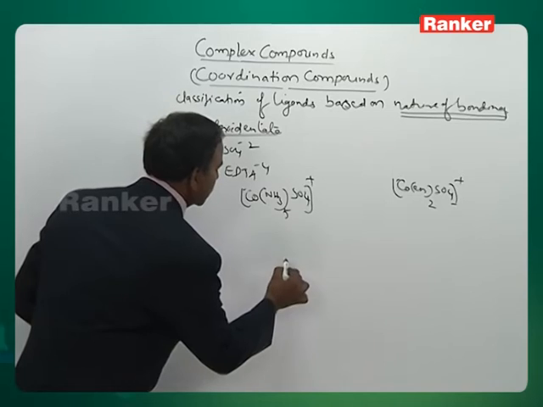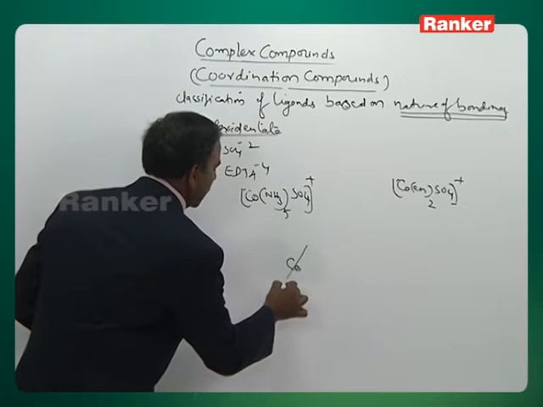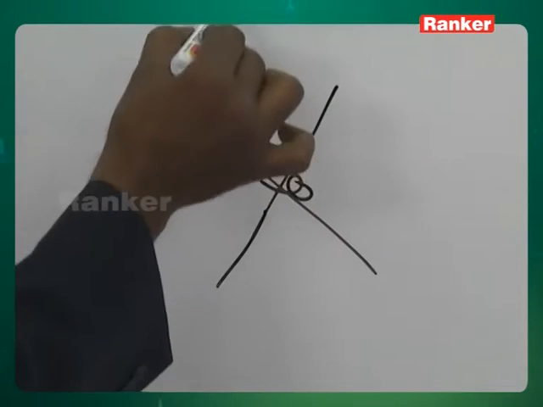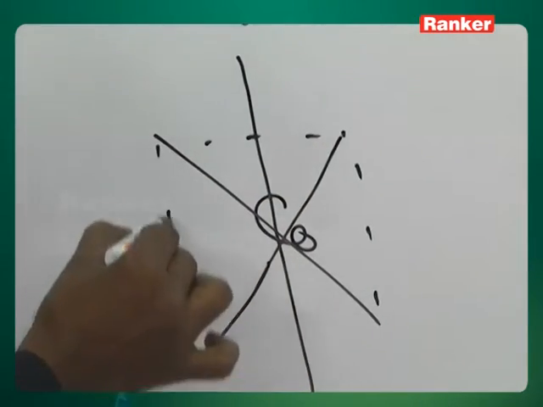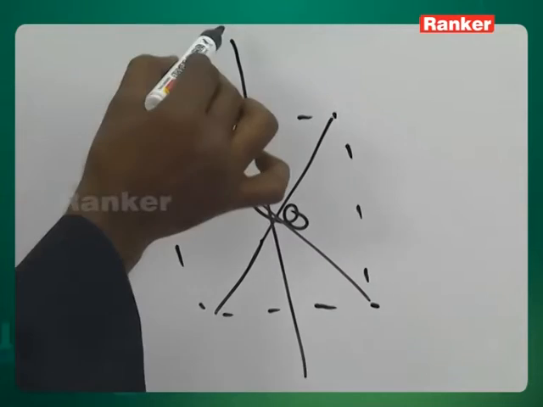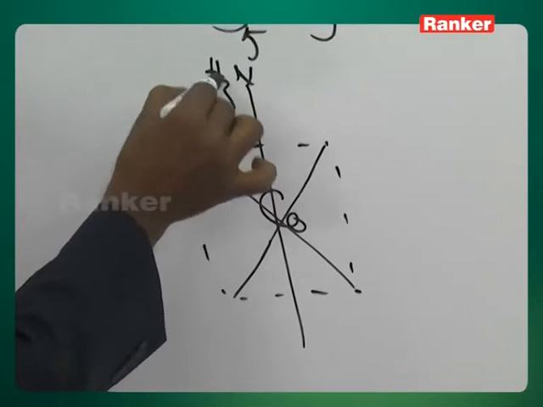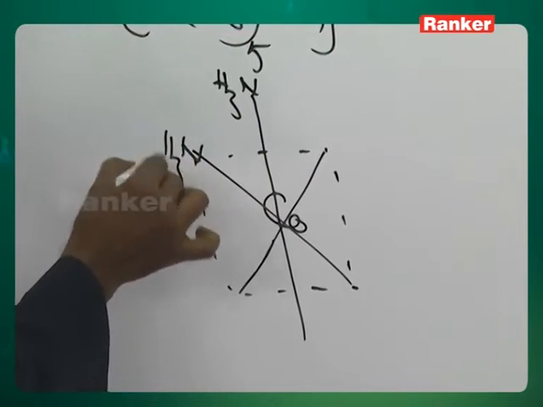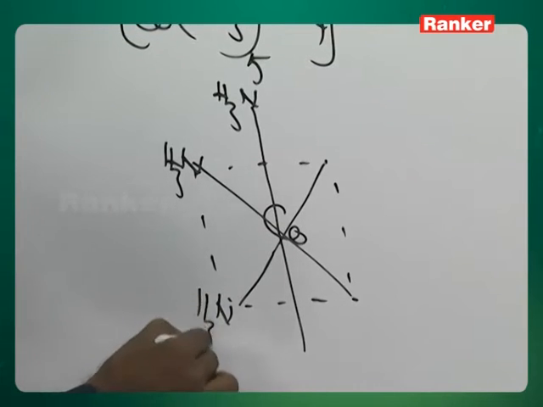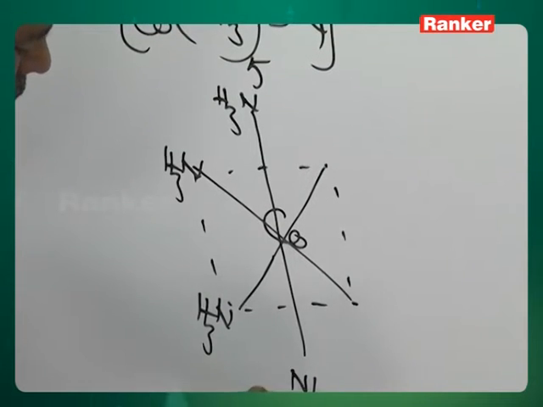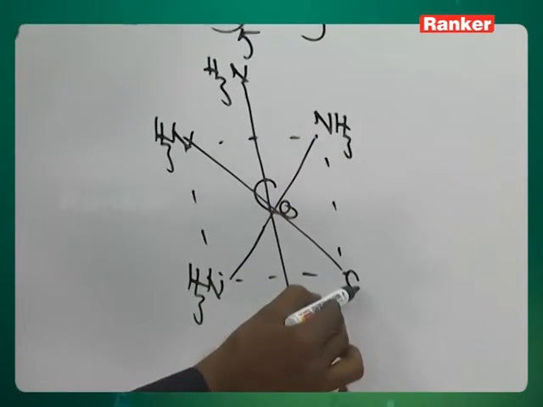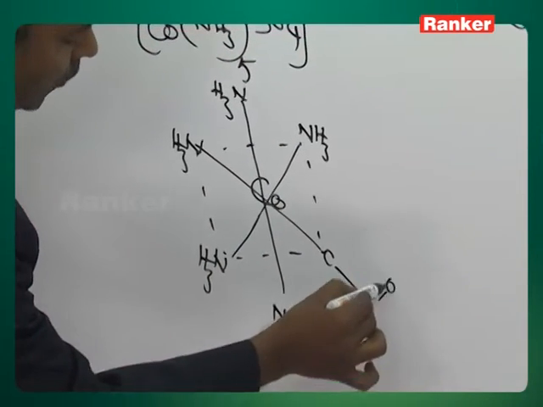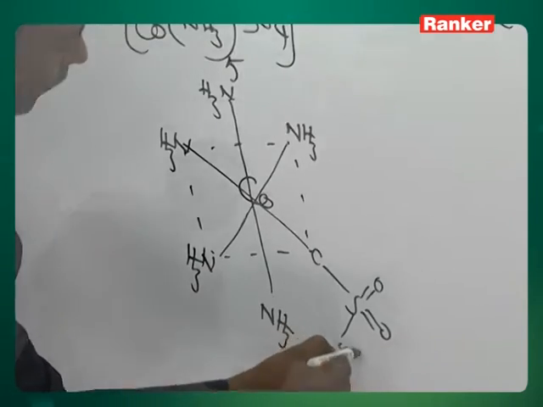Look at the board how I am writing the structure of this particular complex. These are the 5 amines I am writing. 5 positions are occupied by these amine ligands, and only one of the sites is occupied by the sulfato ligand.